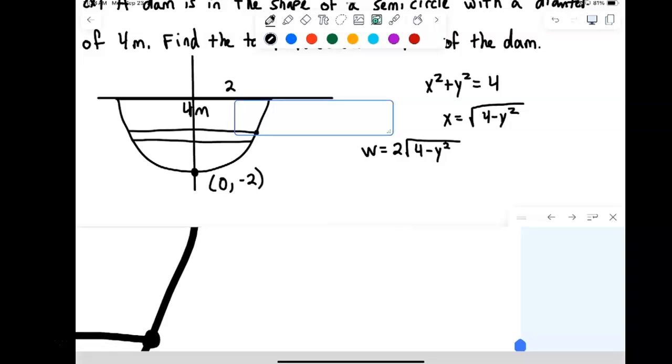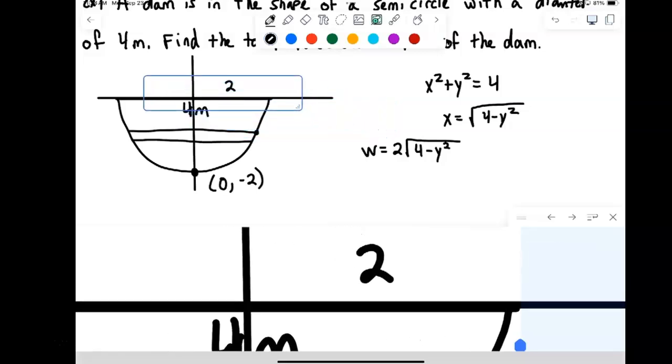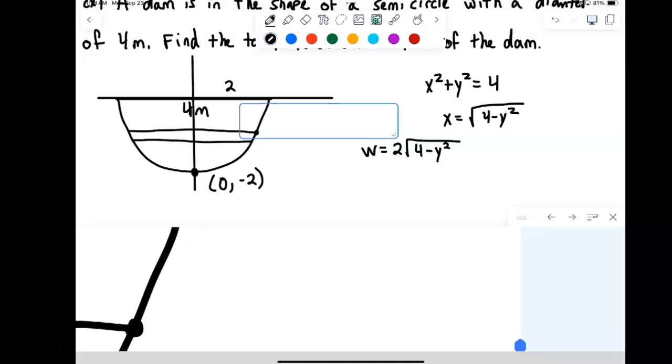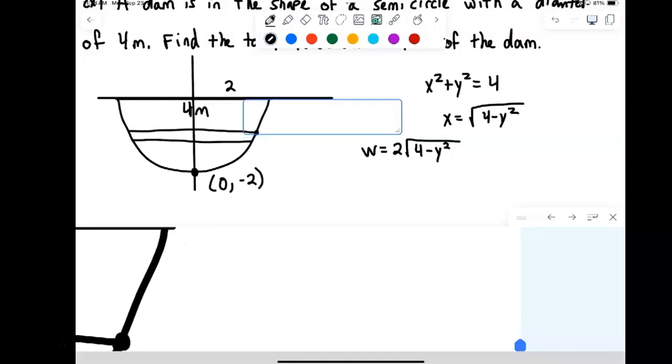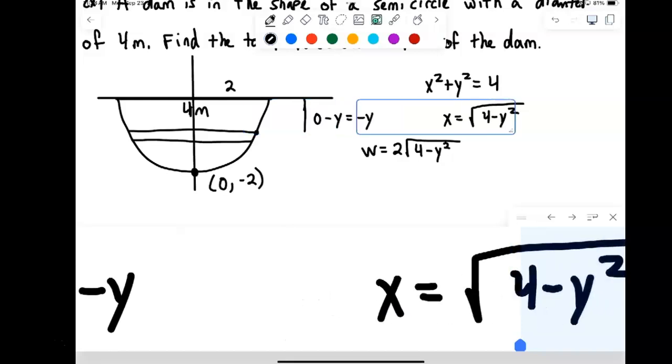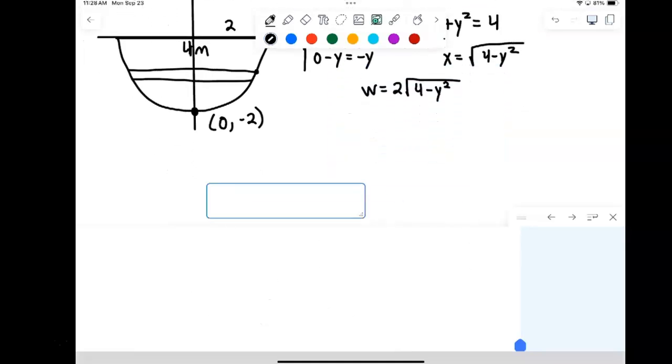Well, you can still think of it that way, where a here is now 0 minus my current y value, so that my depth would actually be negative y.